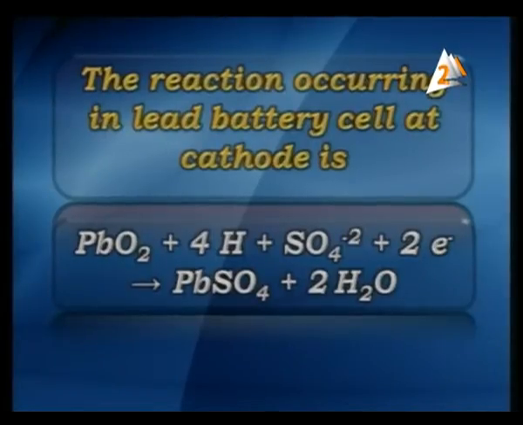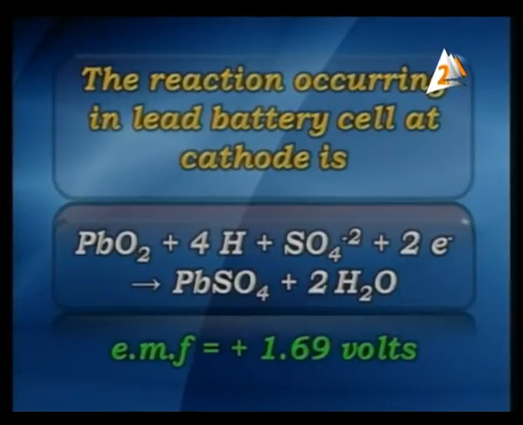So it has residues. This reaction is not clean enough, but it's very important for forming 12 volts. Look at this, EMF equals positive 1.69 volts. Why? Because this is the half reaction that happens in this cell at the cathode.